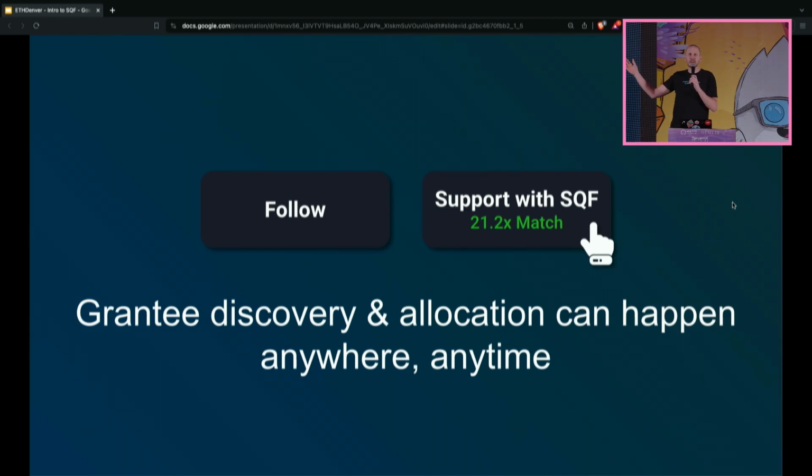Right next to the follow button on GitHub or Twitter or wherever, there could be a button to donate to your favorite public good through a streaming quadratic funding round. But instead of just a simple donate, buy me coffee button, you're still going to get that extra jolt of support through the matching pool.